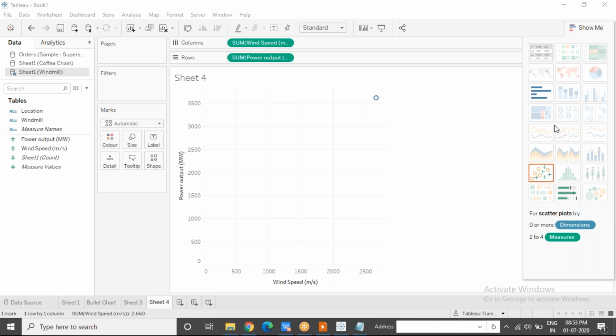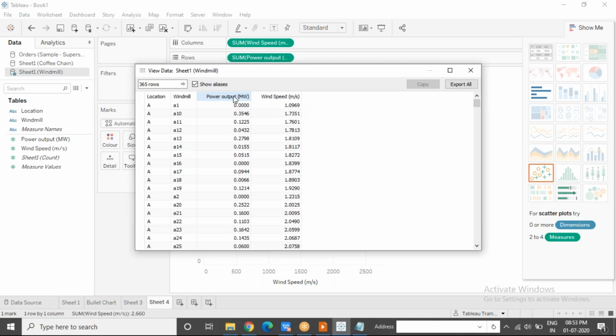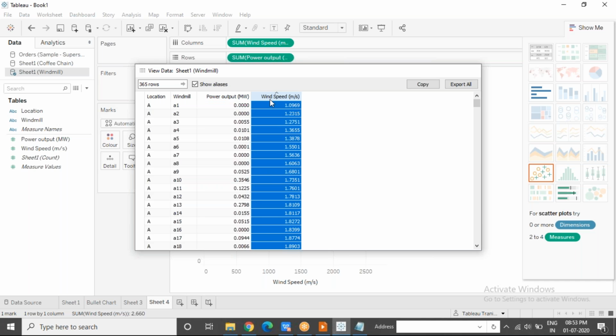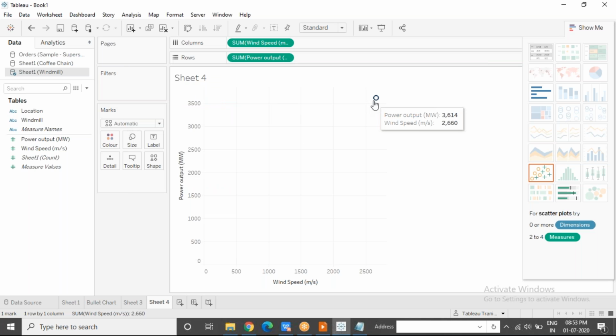Because the data in Tableau is always aggregated, right? Measures are aggregated. It is giving us sum of wind speed versus sum of power output. It is summing up everything in the power output column and everything in the wind speed column. Summation of those values is coming up here as a single mark. So this is called a one mark scatter plot.